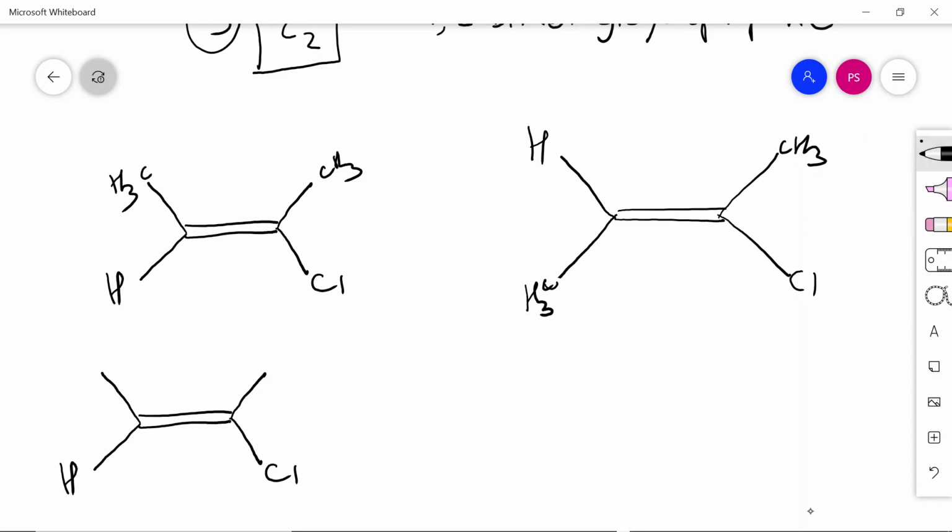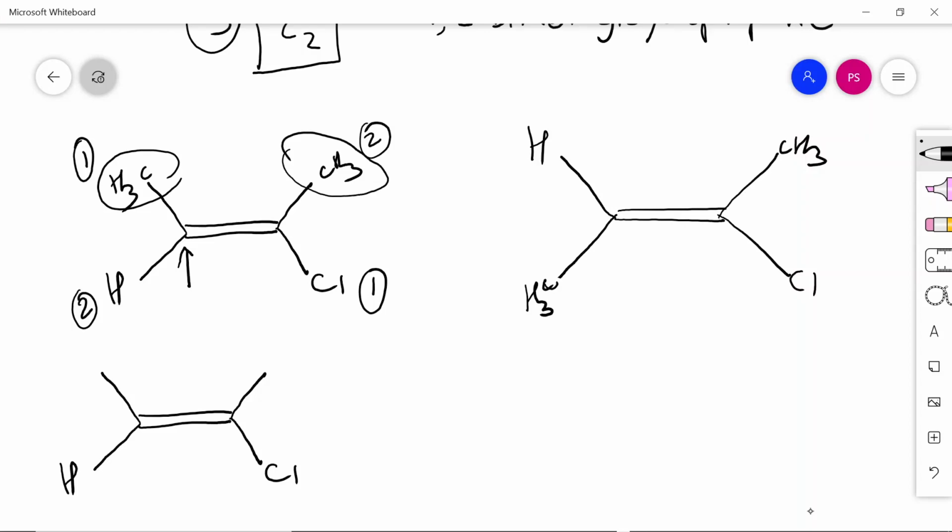First priority goes to carbon, of course, second hydrogen, but here first priority will go to the chlorine and second to the methyl. So though methyl groups are on the same side, the same priority groups are on opposite sides.